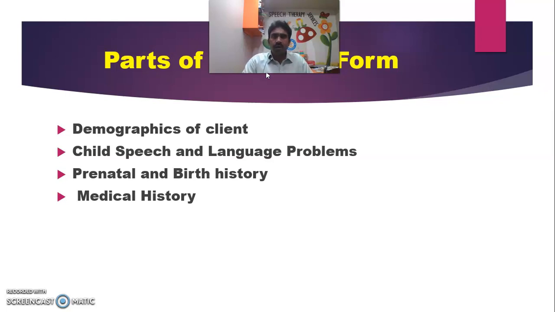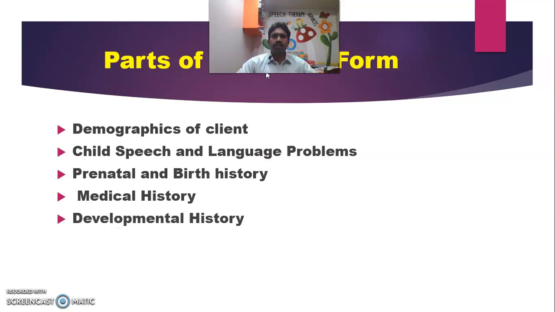You should write down on your history form the medical history, and any major disorders, fits or seizure disorder, or high fever at any stage of his life. You should consider it.